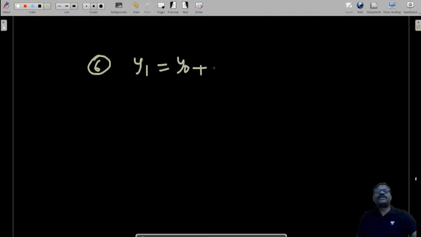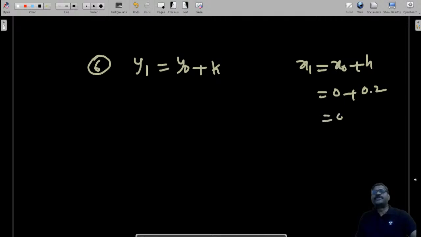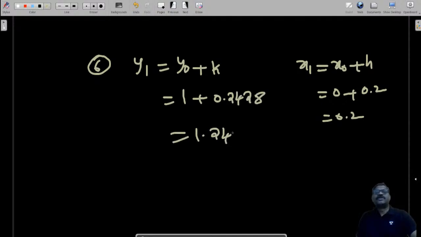y1 equal to y naught plus k, x1 equal to x naught plus h. x naught is 0, h is 0.2, y naught is 1, k is 0.2428, final answer is 1.2428.